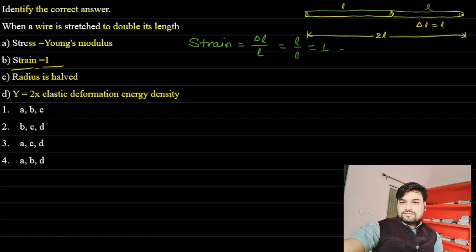So strain is equal to 1. So the second statement, option B, is correct. The strain of this wire is 1.